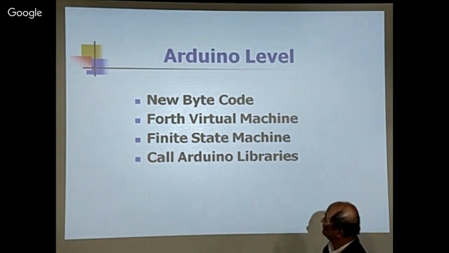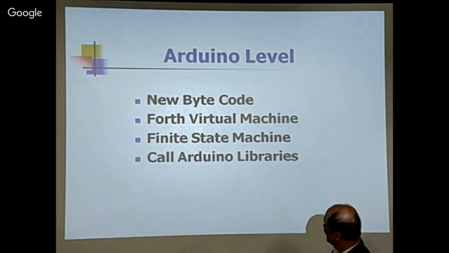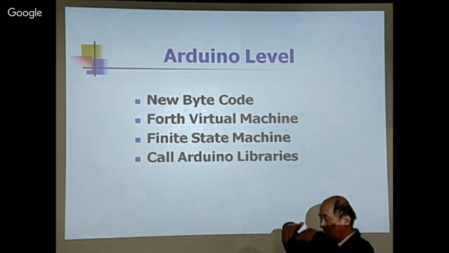And then, I don't know if, with the Forth virtual machine and that one line of code, I don't think you can do much about that. But if you don't like it, you can certainly rewrite your code. And the finite state machine, of course, is how you execute the bytecode.